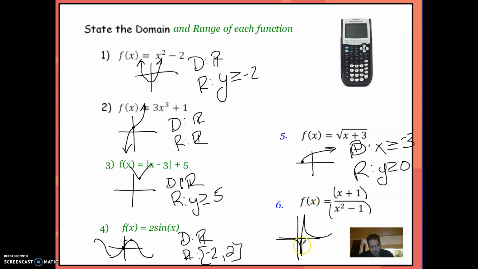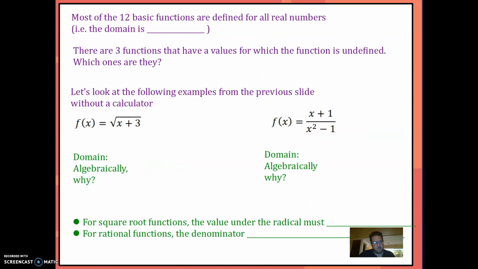Now, not everything here is an answer, so you have an in-between right there. So this domain is all real numbers, except x cannot be -1 and 1. And we'll talk about that in the next slide. And the range goes up and down infinitely, so it's all real numbers.